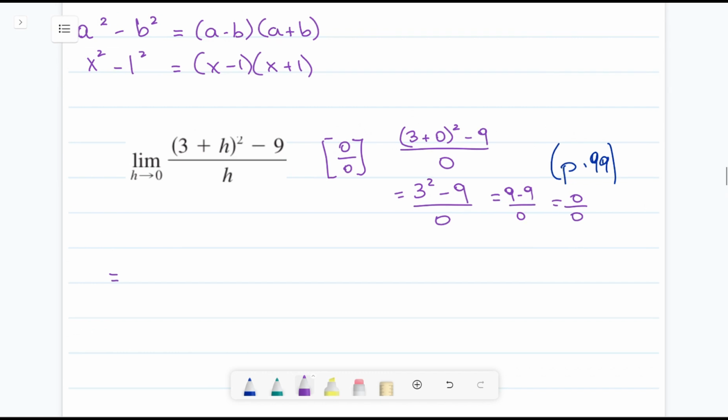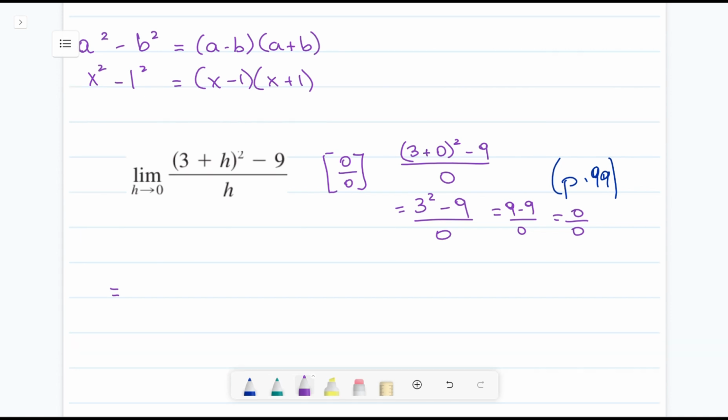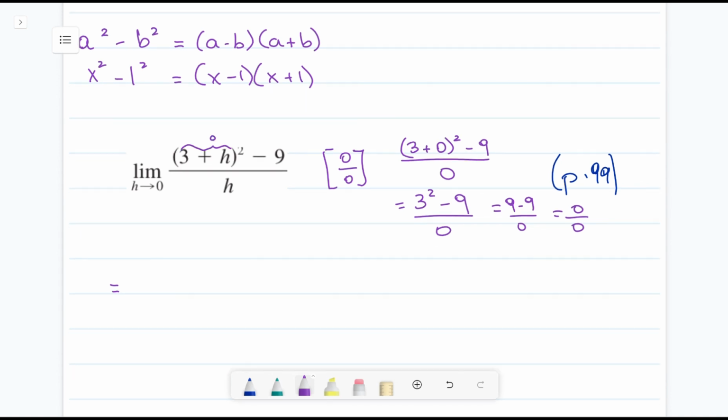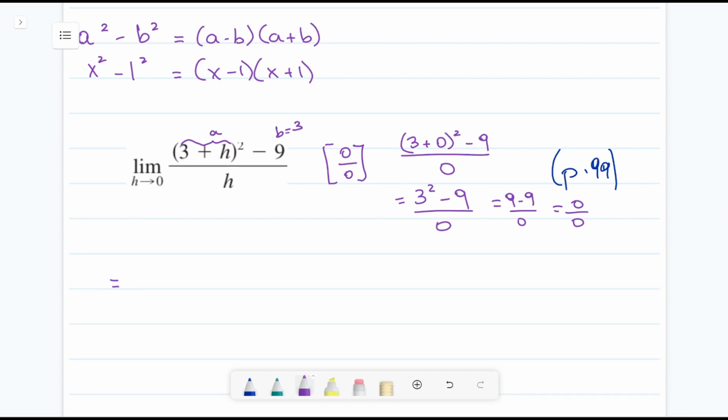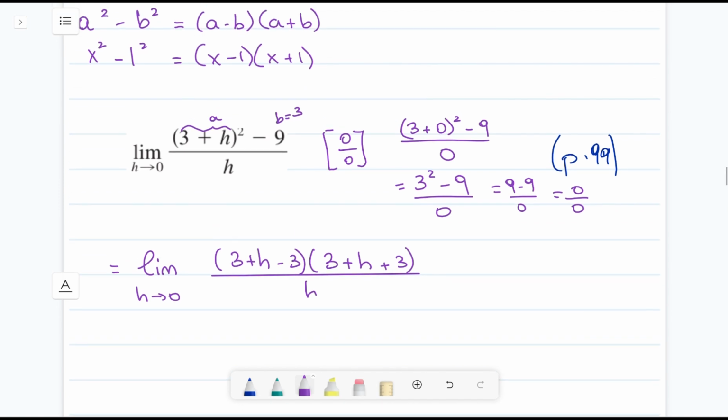Again, as I showed you earlier, a squared minus b squared is a minus b times a plus b. In our case, this is a, and b is 3, so b squared is 9. So if we were to factor, this becomes a minus b times a plus b divided by h. Now always simplify.